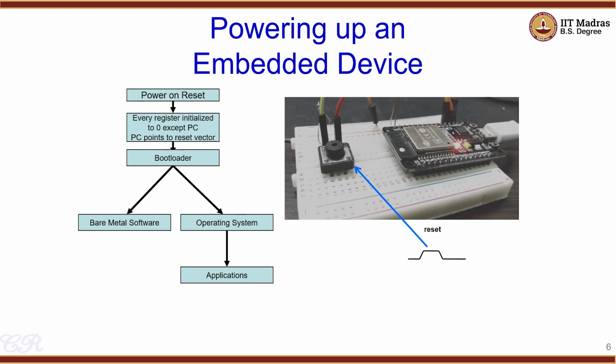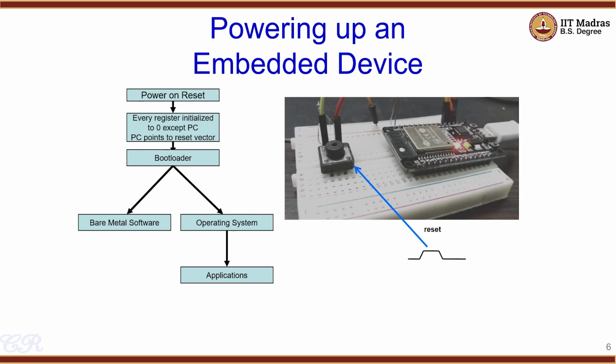It would indicate to the CPU that the processor is going to be reset and should start executing. So we'll go through what happens soon after this particular pulse is sent to the reset pin of the processor.